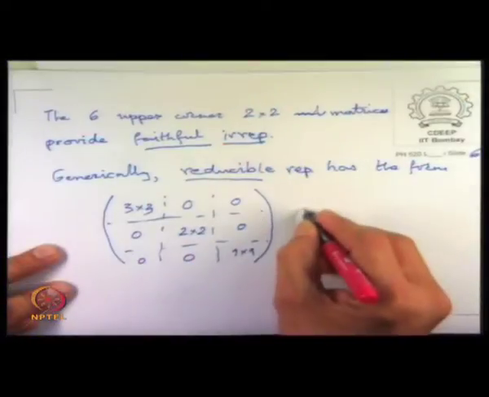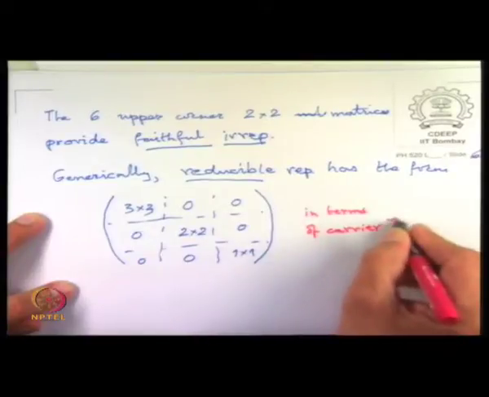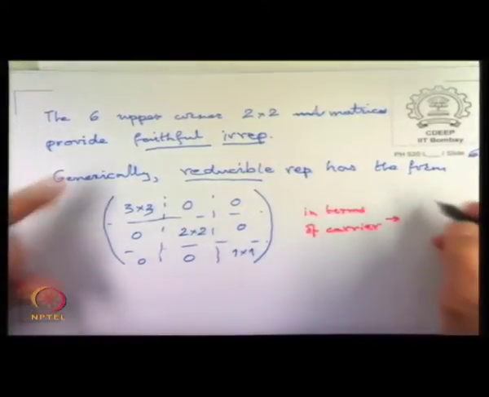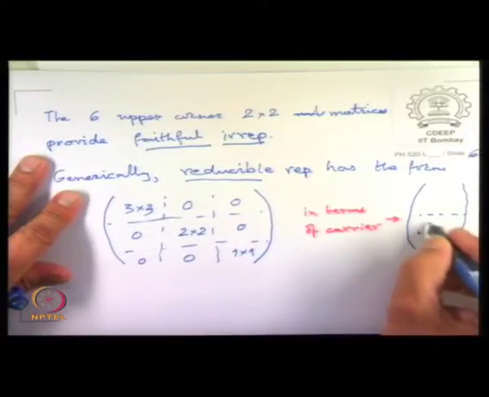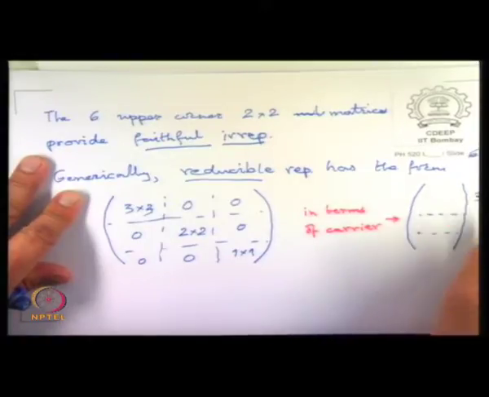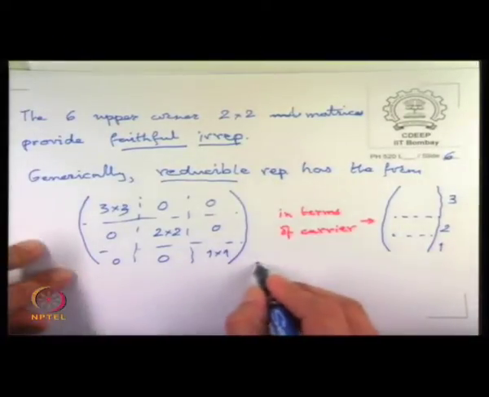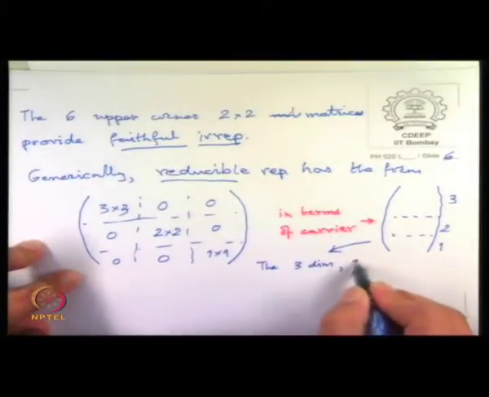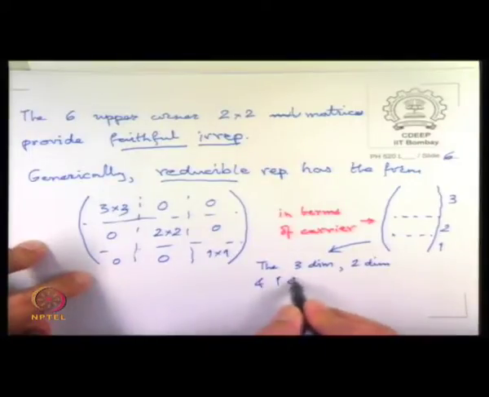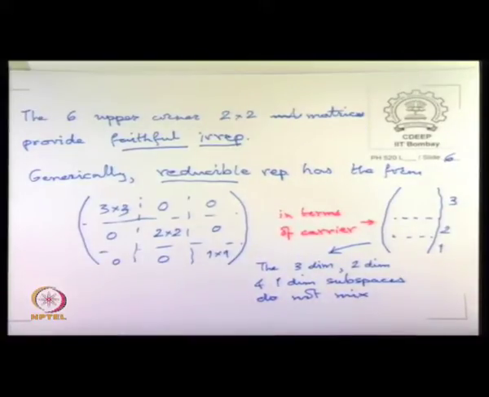So this is a 3 entries, 2 entries and 1 entry, one component, and those don't mix when it is a reducible representation.